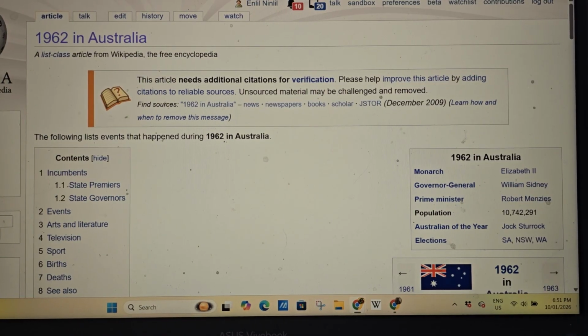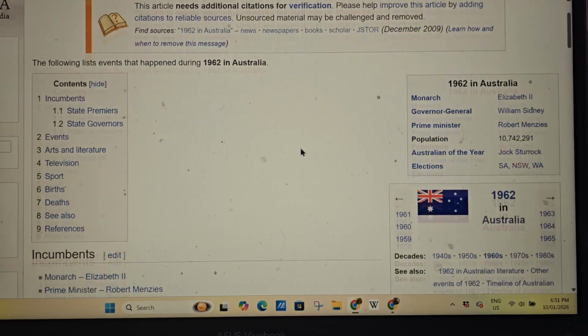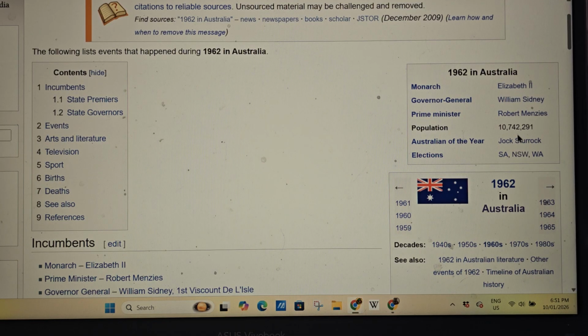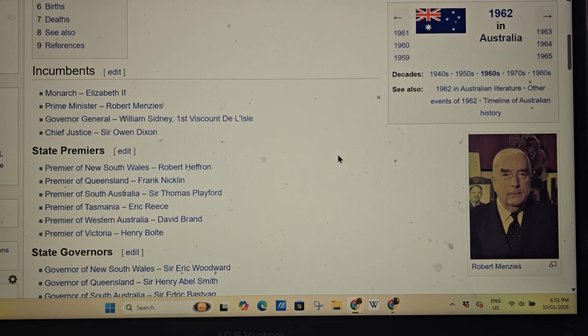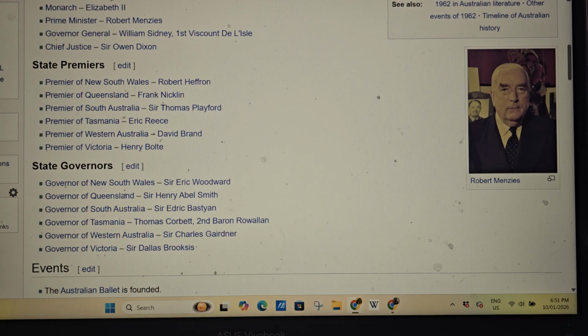Okay, now one thing I like to do is look at Australia in 1962 on Wikipedia. It's actually a good site. Population 10,742,000 and change. And the Prime Minister is Robert Menzies. He was a fairly long-lived Prime Minister. And we have all these other people here, which most people probably have no idea who they are.